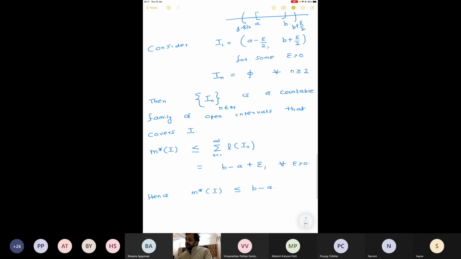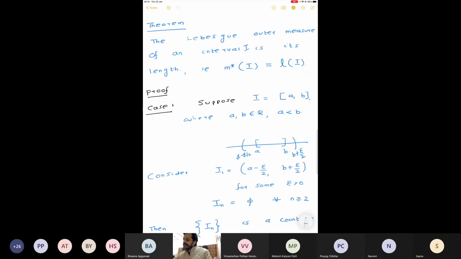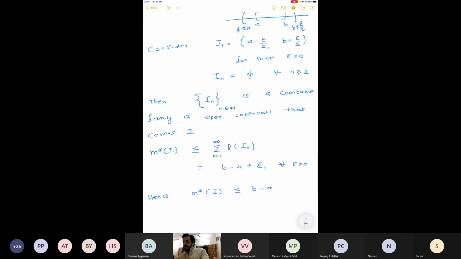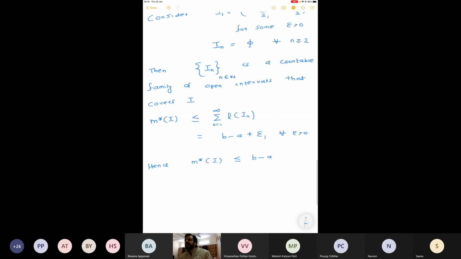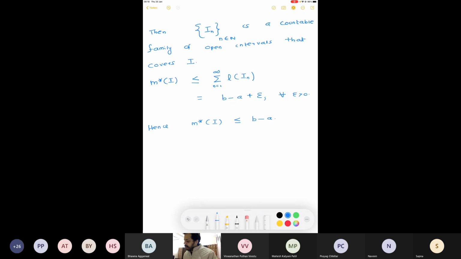Now, in order to prove that M star of I is equal to length of I, in this case, that is M star of I is equal to B minus A, we have to prove the reverse inequality. M star of I greater than or equal to B minus A, and that is a bit involved. Now we prove the reverse inequality.